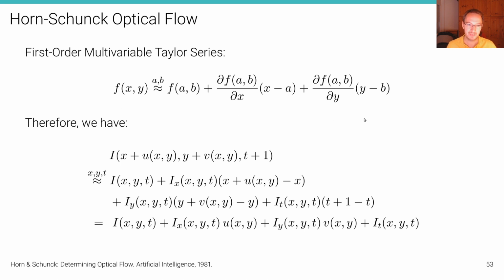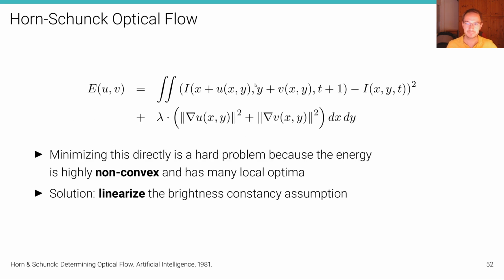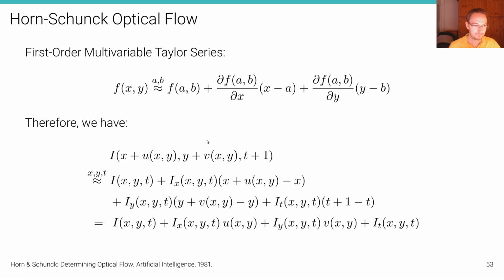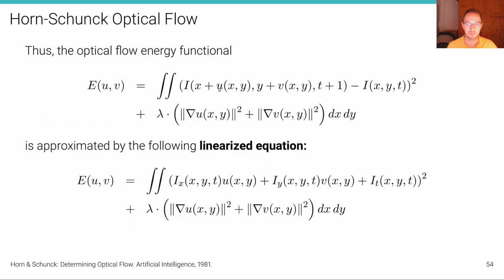And if we apply this formula for the Taylor series to this expression here that we want to linearize, then we obtain this expression here at the bottom. This is just a straightforward application of this formula. And now we can take this expression and plug it back into this function from before. And so this yields the linearized equation.